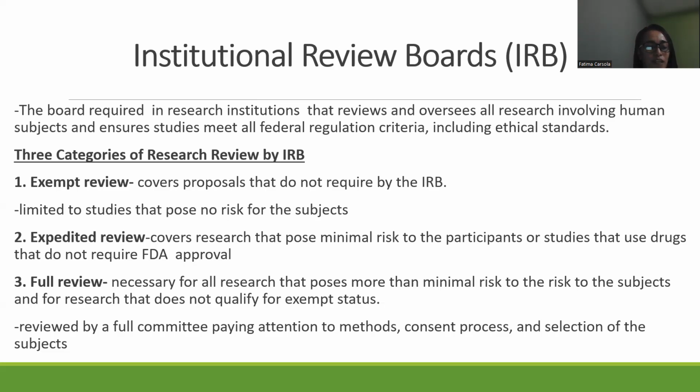This category is limited to studies that pose no risk to the subjects. Such a designation is common when the researcher employs surveys, non-invasive procedures, secondary data or documents, or other methods where it would be impossible to identify any research subject individually.